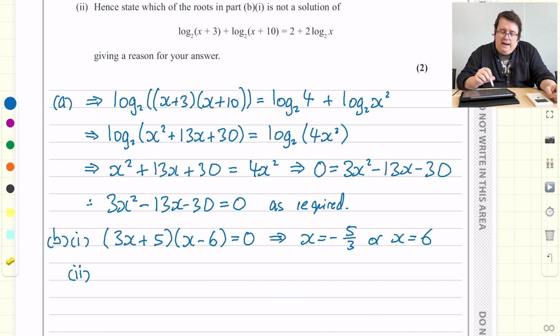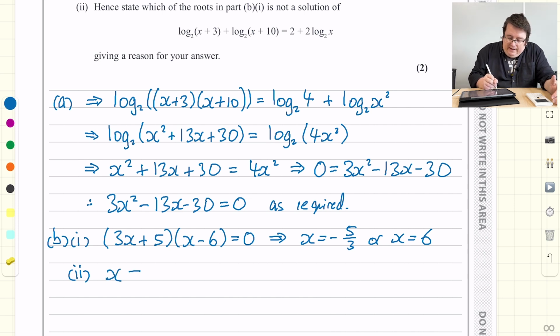Part 2, hence state which of the roots in part B, part 1 is not a solution of log base 2 of (x plus 3) plus log base 2 of (x plus 10) equals 2 plus 2 log base 2 of x, giving a reason for your answer. Well, we can't have x equals minus 5/3, can we?